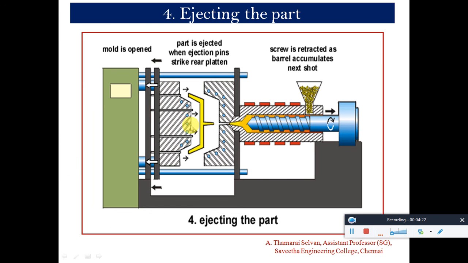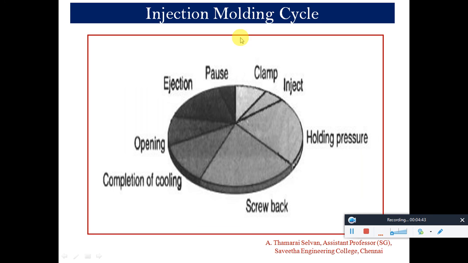In the molding die, one half is stationary and the other one is movable. Using this clamping system we can move this die outside, so this product will be ejected outside. So this is the fourth one. So we have four different parts or operations in injection molding.